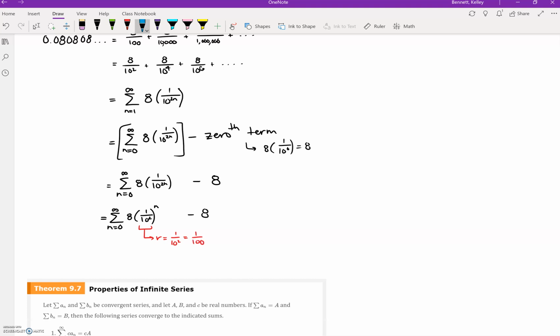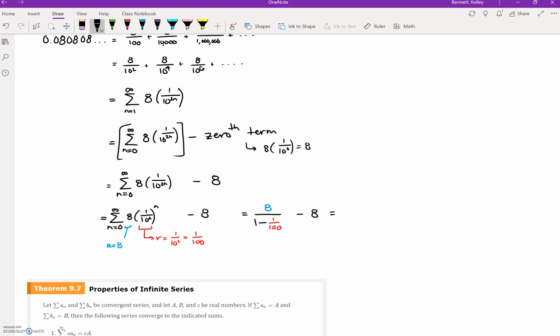And we also have that a equals 8. So what we'll get for our final answer is a over 1 minus r. And don't forget to subtract an 8 at the very end.